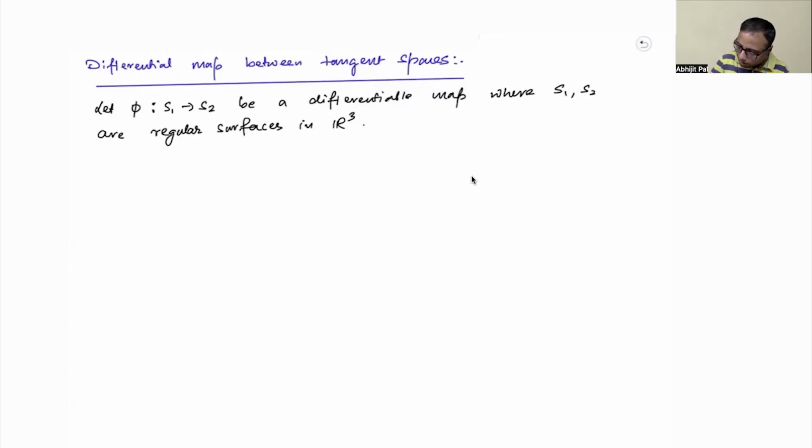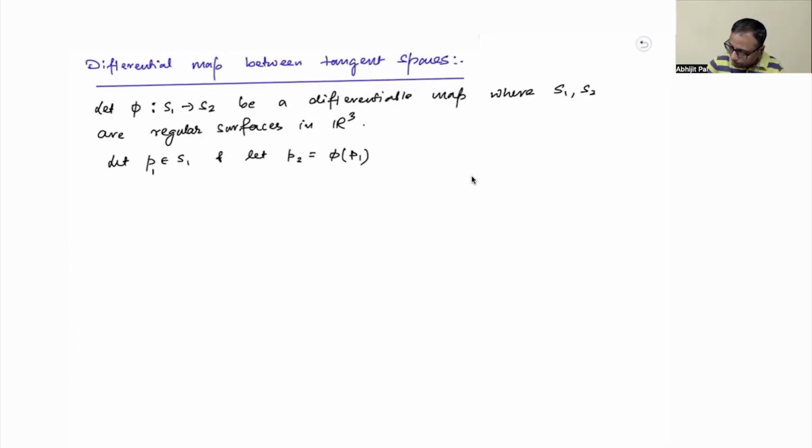Okay. So now let us take a point. So let us take P1 belongs to S1, and let this P2 is equal to phi of P1. Okay. So now I'll define the differential of this map phi at the point P1.